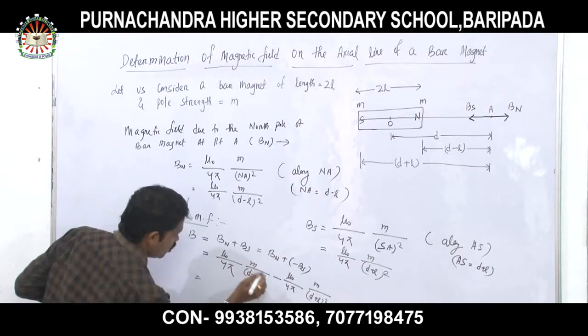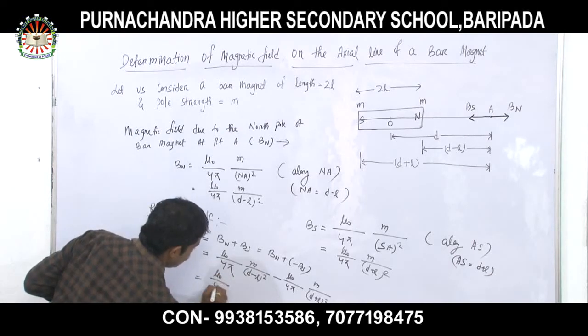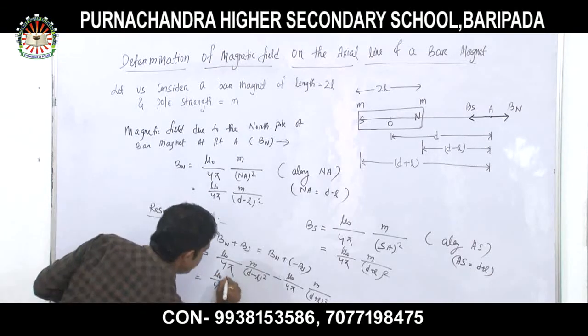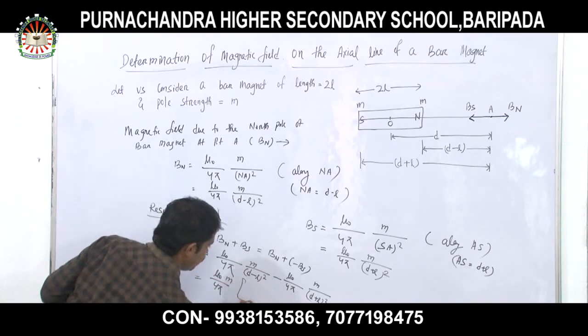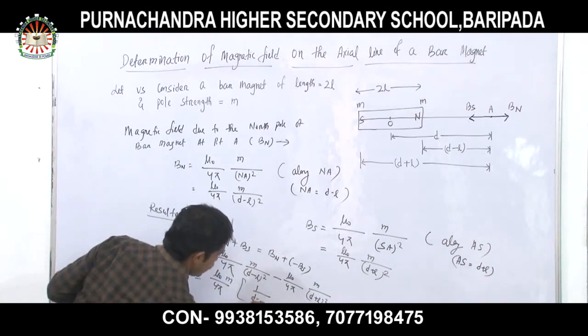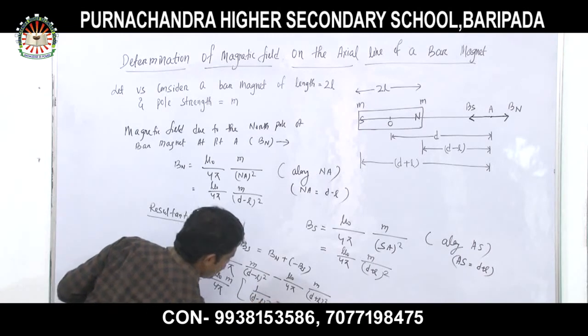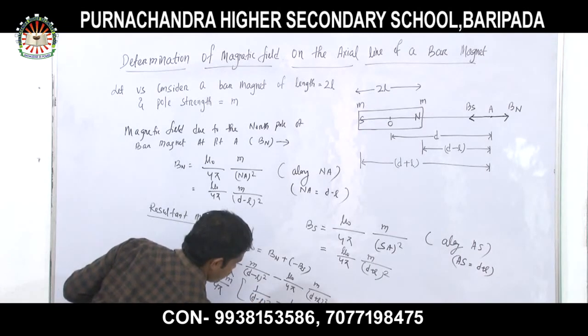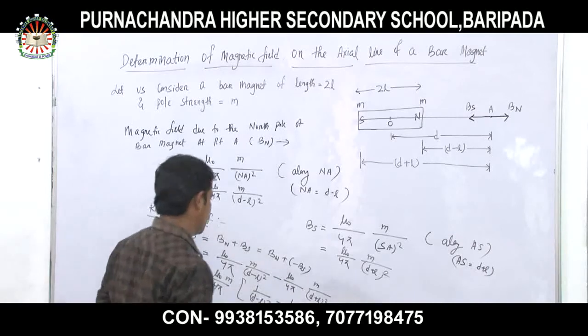Clear? So that is equal to, I have to take common mu 0 m divided by 4 pi. So this is 1 divided by D minus L whole square minus 1 divided by D plus L whole square.